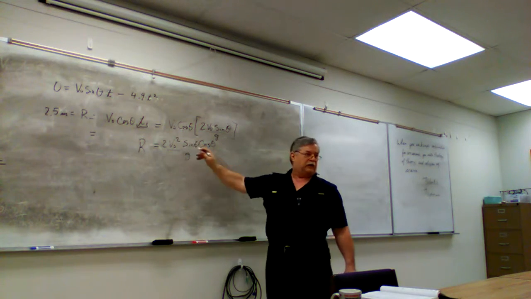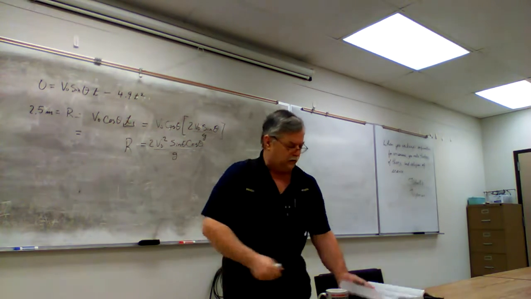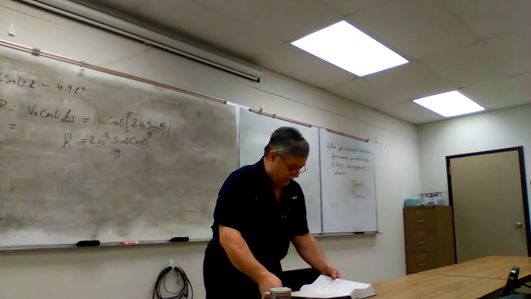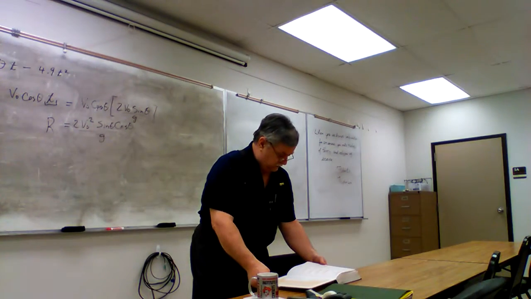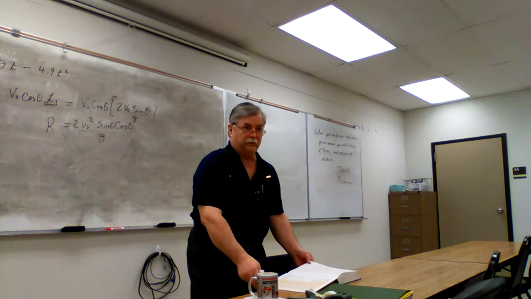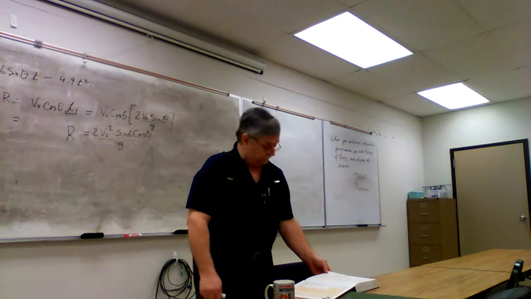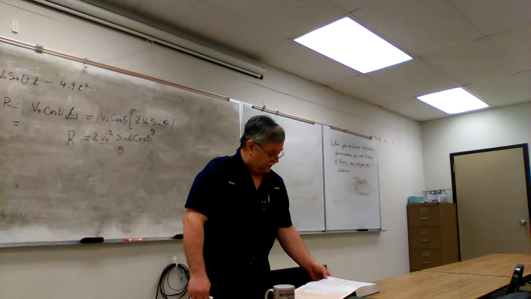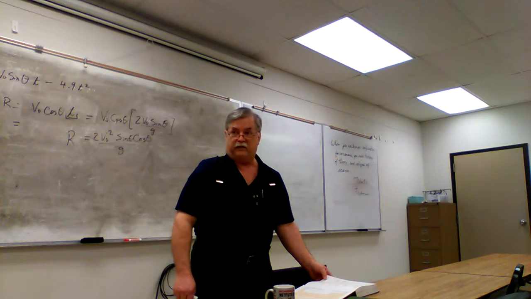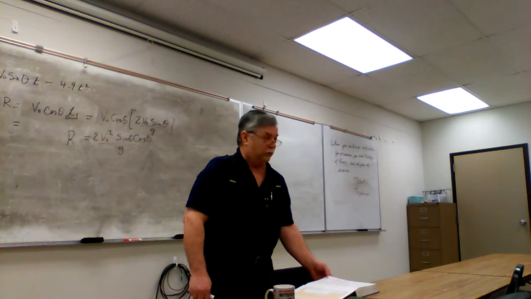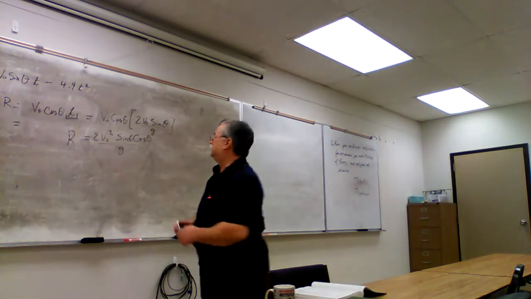From a trigonometric identity, I didn't look, I meant to look. Is this in the back of your book? It is. Look in the back of your book at the bottom left-hand corner of the page. You'll see a trigonometric identity that 2 times sine theta cosine theta is equal to sine 2 theta.